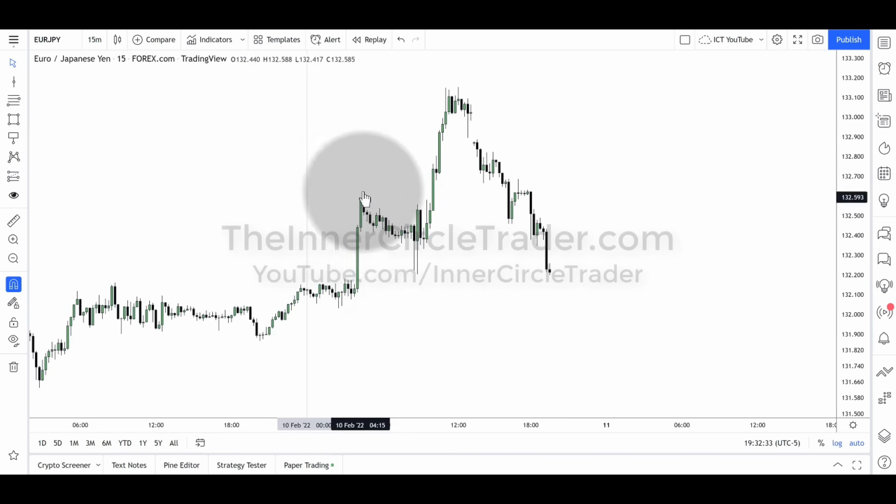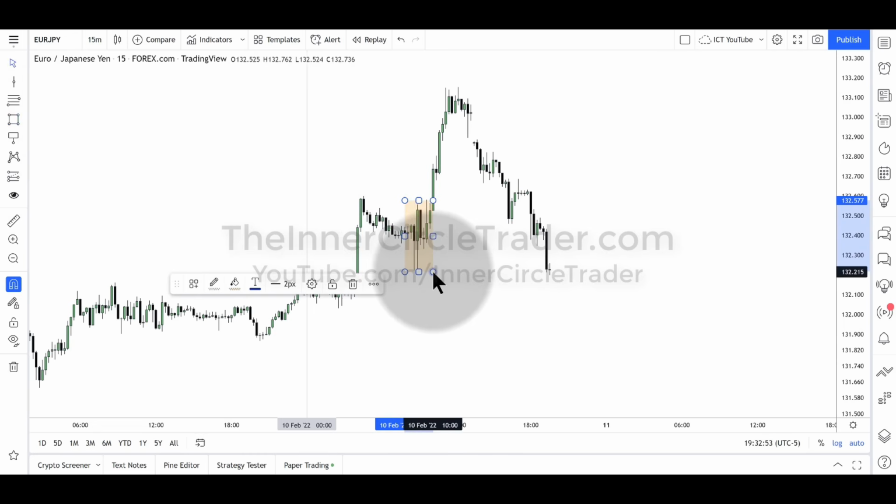And then we go into the New York session right here. So we're going to go into this price structure and ferret out the run that occurred in here. So I'm going to put a rectangle in this area so that way we know what we're looking at relative to this 15-minute time frame.